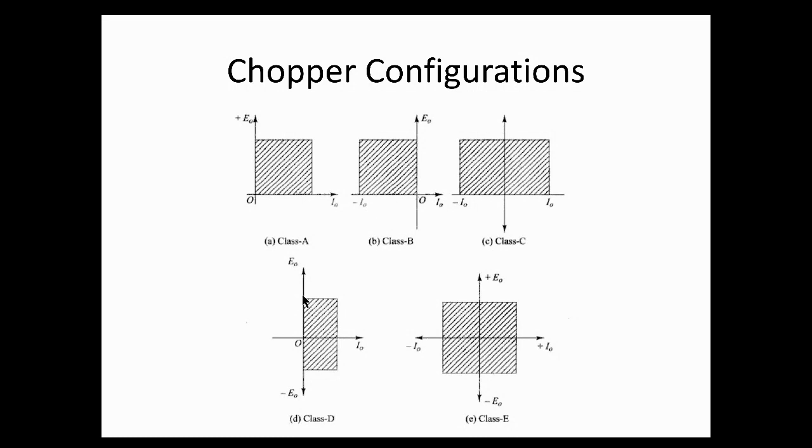However, we can have a positive and negative output voltage. And with your class E type chopper, you have both positive and negative output voltage and both negative and positive output current. So it's the first three that we'll study, class A, B, and C type chopper.